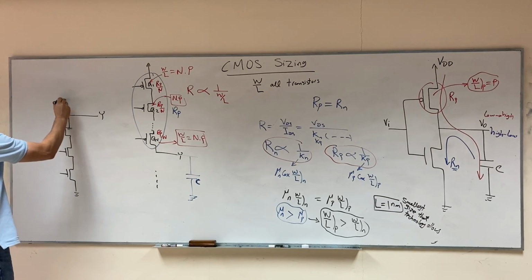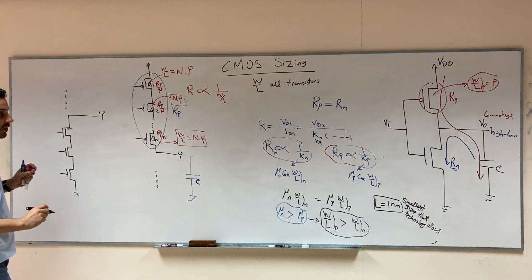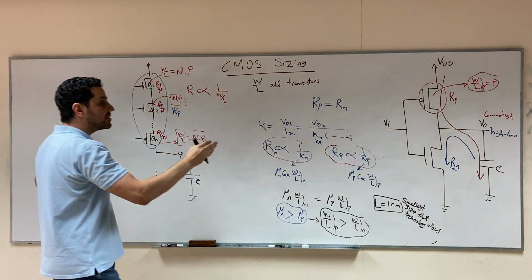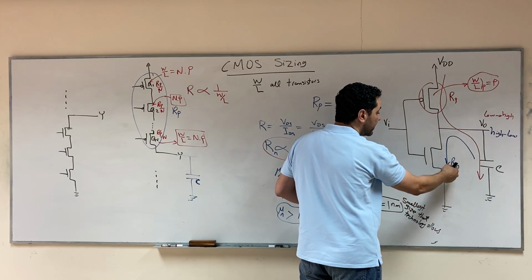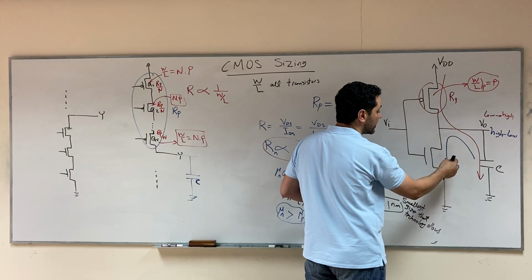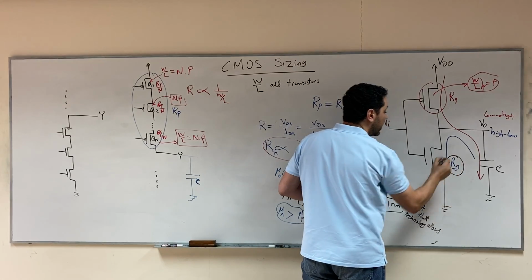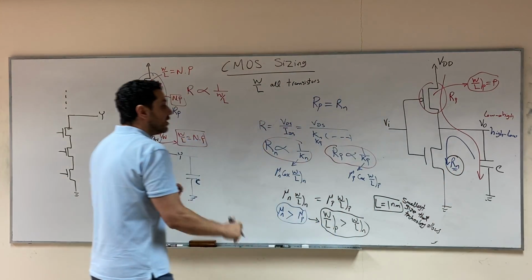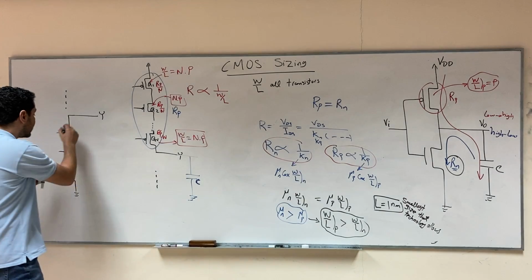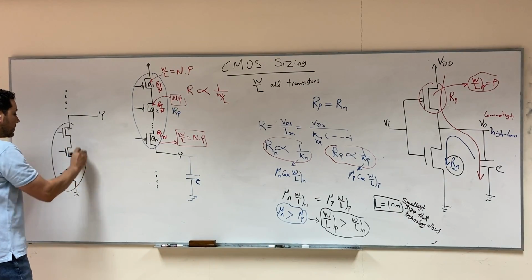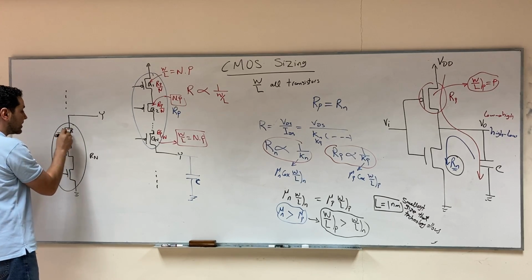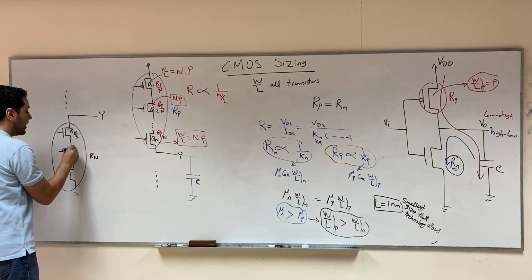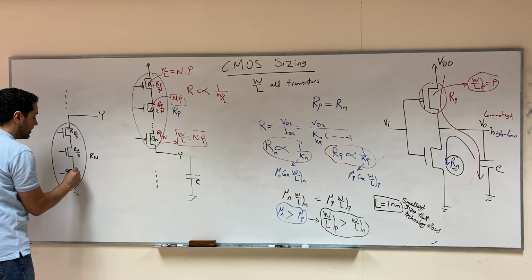If you have a pull-down network with 3 series transistors and you need the same speed of this logic gate as the CMOS inverter, so here the resistance of the pull-down network was Rn. In order to have the same speed, the total resistance of the pull-down network here must be Rn, which means that you have to design this transistor to be Rn over 3, Rn over 3, Rn over 3.